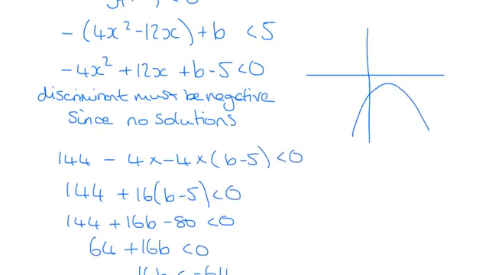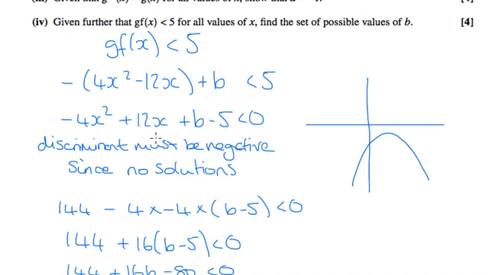You could also, at this point, I know lots of us don't like negative quadratics, have multiplied both sides by negative 1, and when doing that, remember to switch this to a greater than 0.